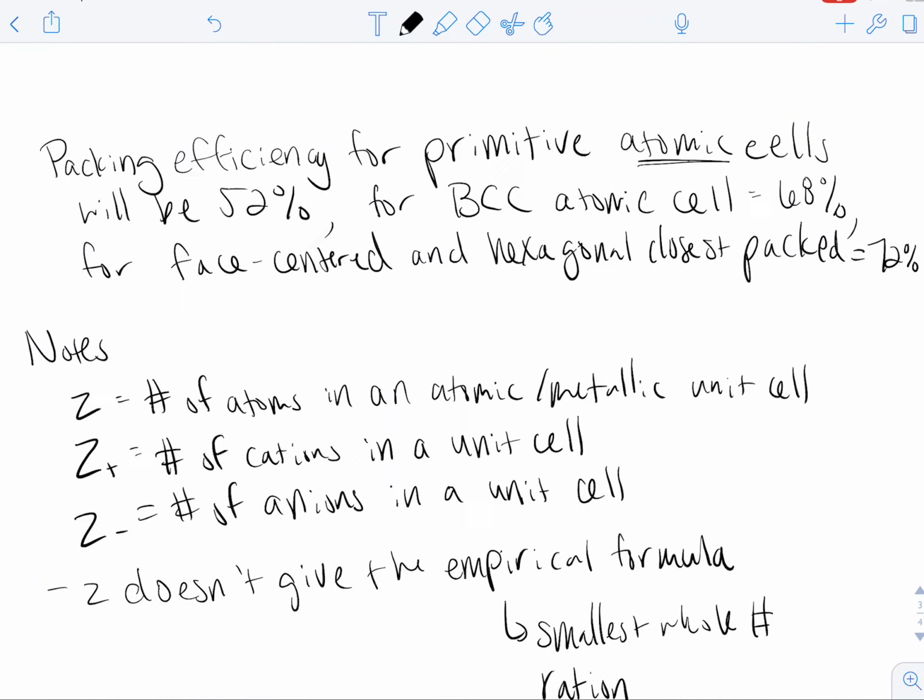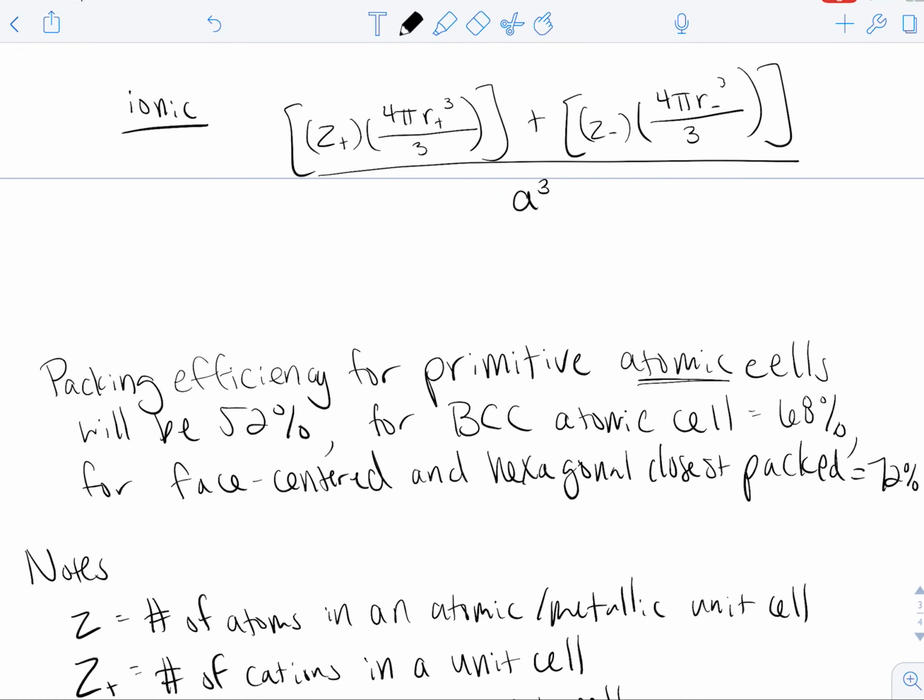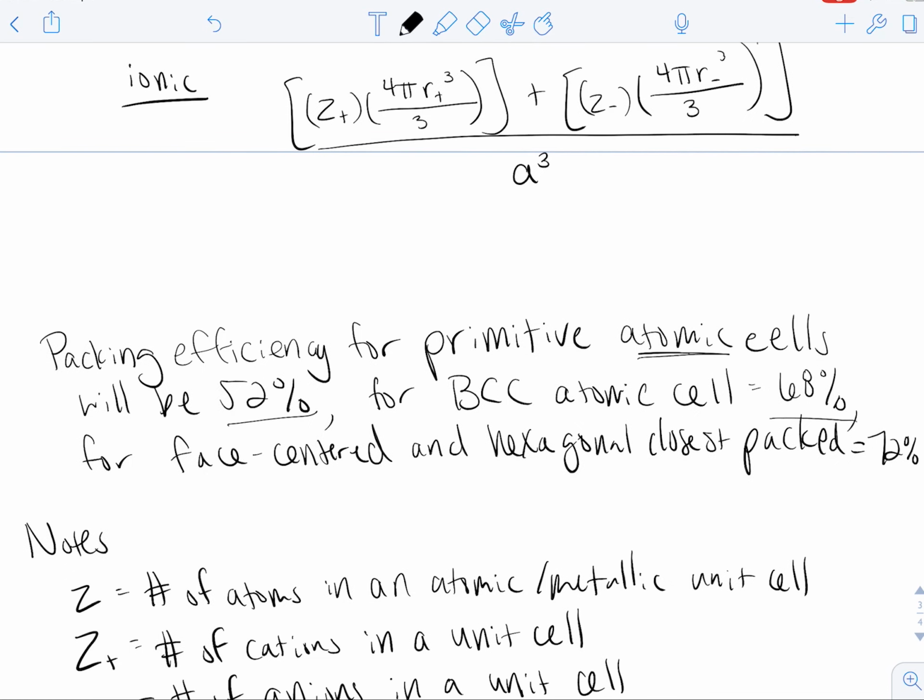So remember our packing efficiency up here. If we have a simple or primitive unit cell, we have 48% of that cell that's left over and empty, that doesn't have any atoms. So those cations will fill that within an ionic unit cell. We have 68 in a BCC, so we still have 32% of the cell that's empty, ready for some atoms, or cations in this case.